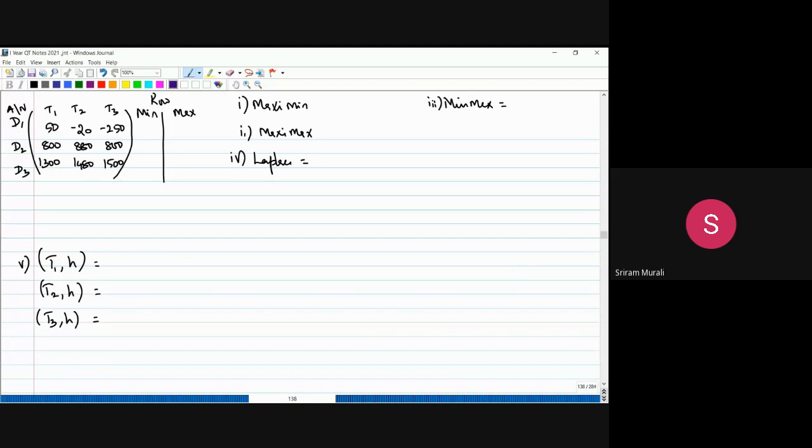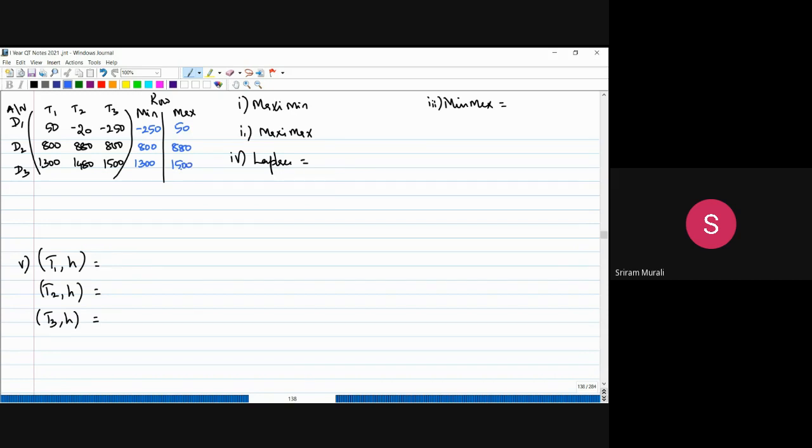Row minimum. What is the minimum in each row? 250. What is the minimum here? 800. So sorry, minus 250 is the minimum. It is 800. This is 1300. What is the row maximum? It is 50. This is 880. It is 1500.